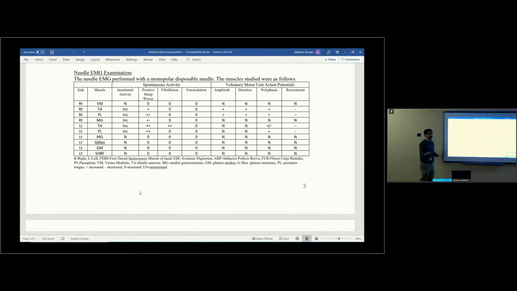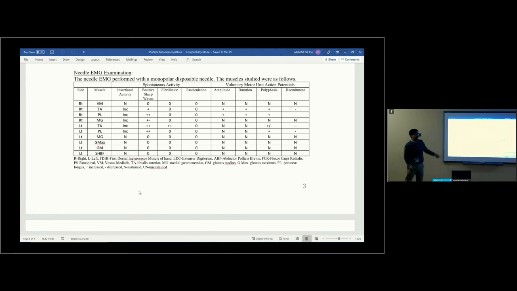So in that case, you need to go above the knee and look at more proximal muscles to make sure it's not a radiculopathy, the muscles that are supplied by the L5 and S1 nerve roots. Once we go to the gluteus maximus, gluteus medius, biceps femoris, they were all normal.